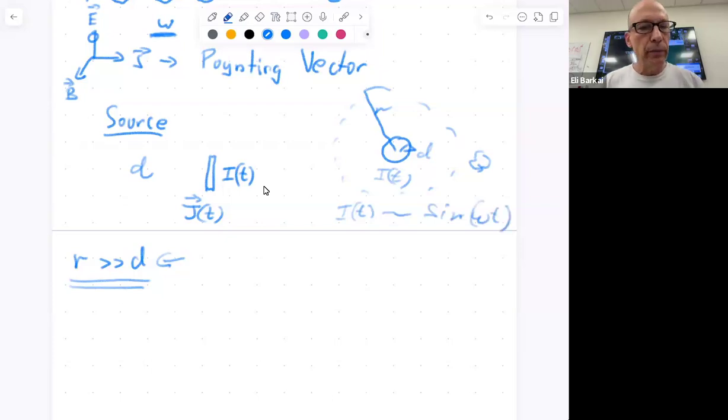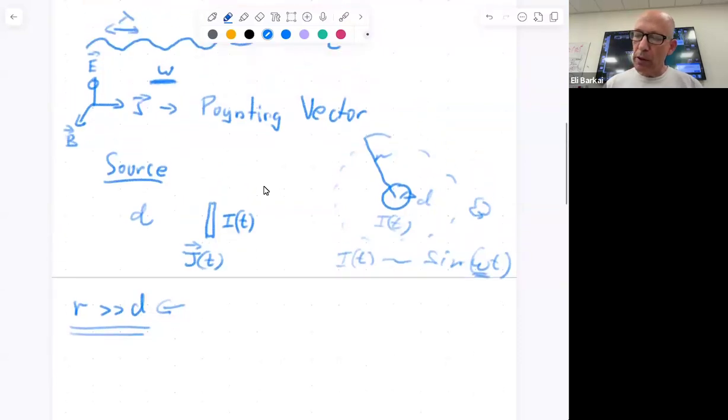There is a prefactor there. This omega will turn out, this is what we are going to show, to be the frequency of the motion of the electrons in this small ring, or the motion up and down this small antenna, with the frequency omega. This frequency will determine the frequency of the radiation.